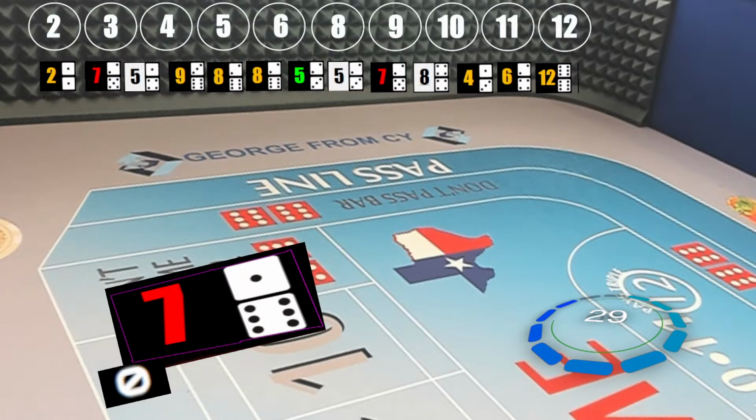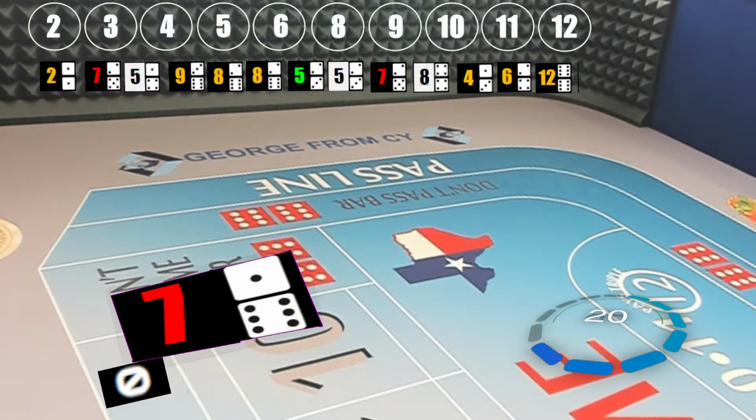That's gonna be it. 70 rolls is good enough or bad enough, I guess. So let's stop there. Very quickly to stats.